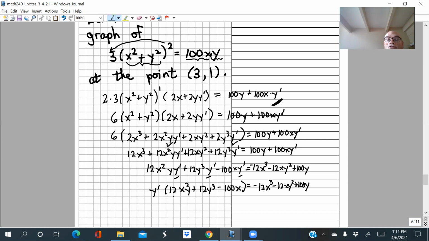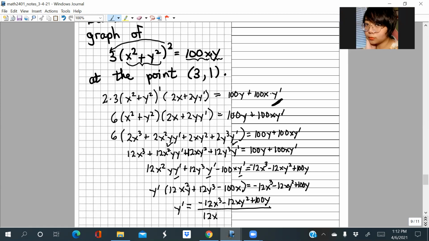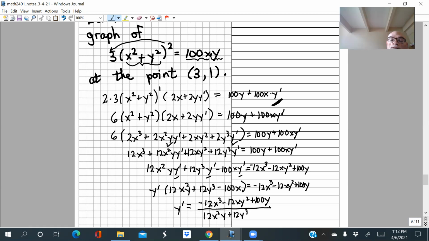And now all you have to finish here is divide by what's in the parentheses. Whew, gosh, what a terrible problem. So we end up with minus 12x cubed minus 12xy squared plus 100y over 12x squared y plus the 12y cubed minus the 100x.